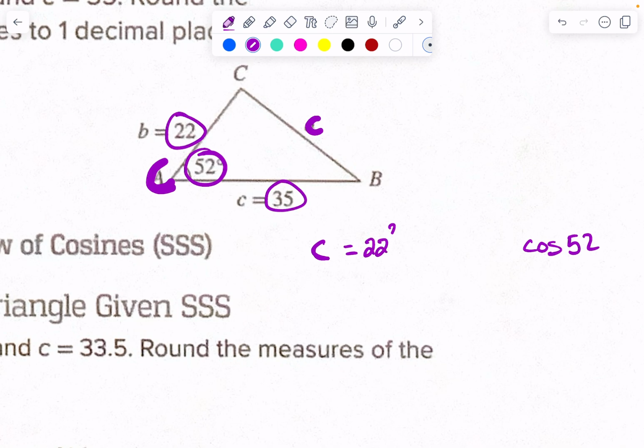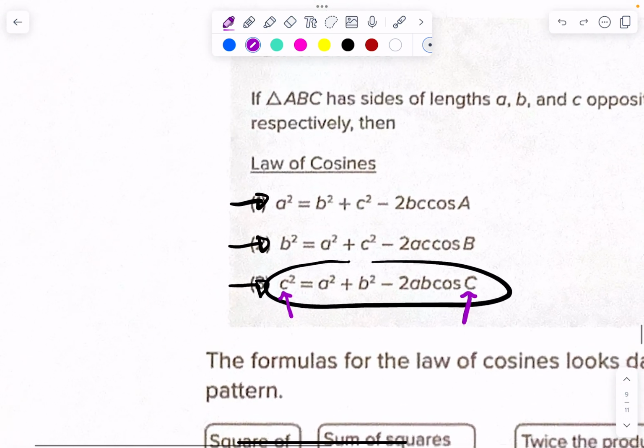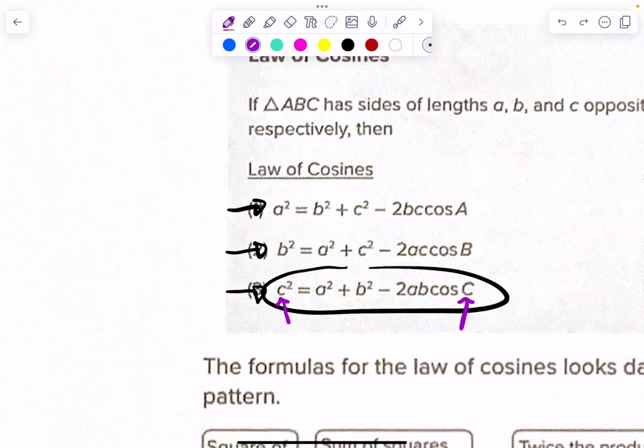So 22 squared plus 35 squared, it doesn't matter which one goes first, minus the 2ab part, 2 times 22 times 35. My 2 sides that I'm given go here and here. The angle I'm given goes here, and the side opposite it goes here. That's all I have to do, just make sure those are in the right place. So it doesn't really matter that you have all of that stuff going on.